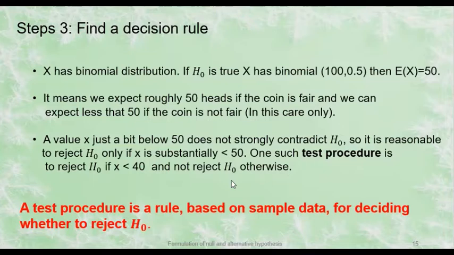We need strong evidence. So it is reasonable to reject H0 only if X is substantially less than 50. So for example, one such test procedure is to reject H0 if X is less than 40, and not reject H0 otherwise.